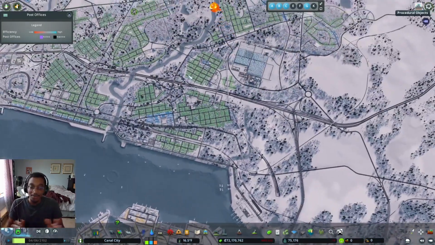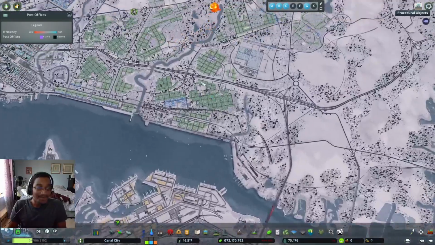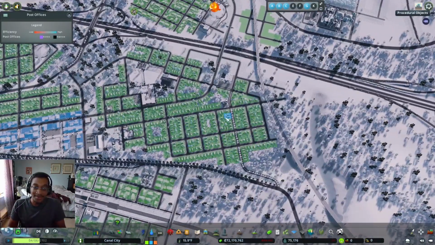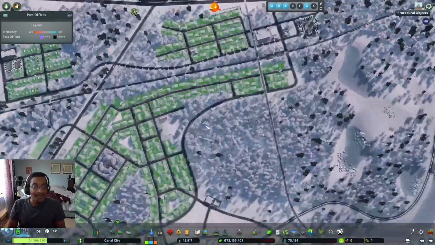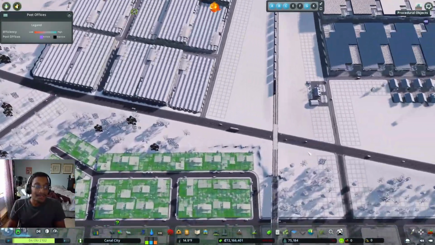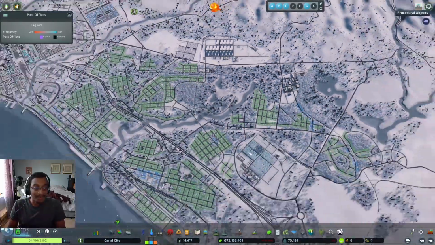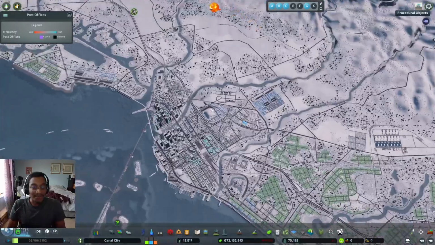Try not to put them in local roads, especially. Well, you can put them in there, but just don't put too many roads where the trucks can pass because that'll cause a lot of problems. That's why you don't really see too many trucks passing in here, only people that live here. Now, you only see trucks passing on the arterial because that's where I made them pass, but that's the best way I can explain it.